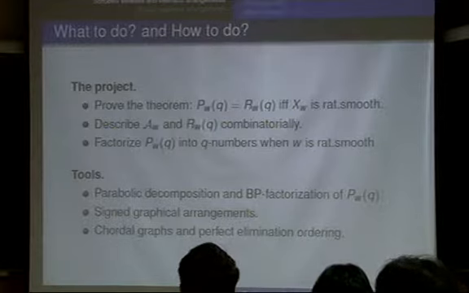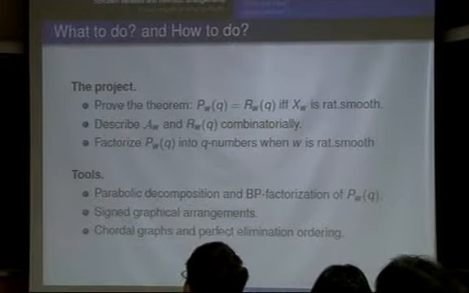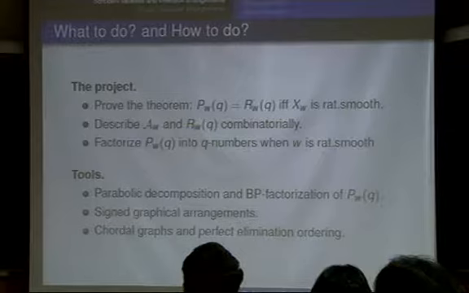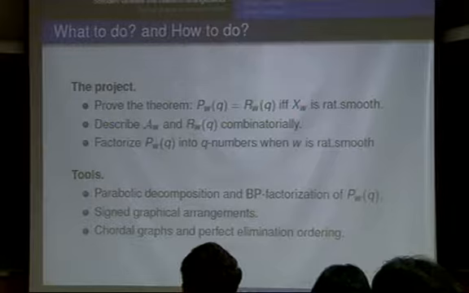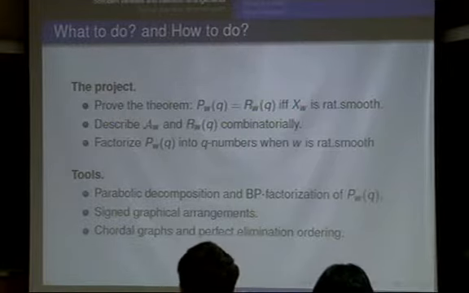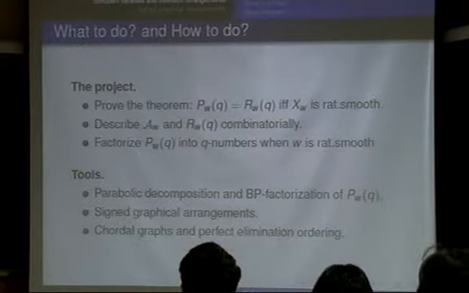Another tool we may use is something more combinatorial, called signed graphical arrangement. I'll define signed graph and show how to use this to understand this picture. For type A case, the signed graphical arrangement reduces to just an ordinary graph case, and there we can use chordal graphs and perfect elimination ordering.